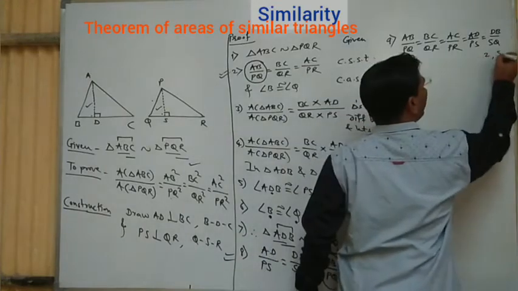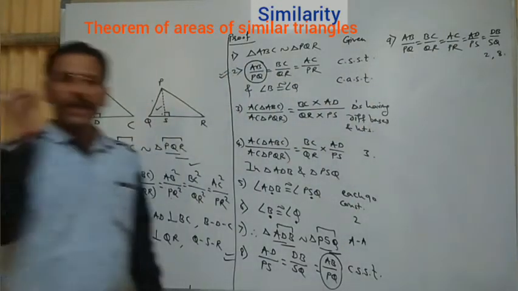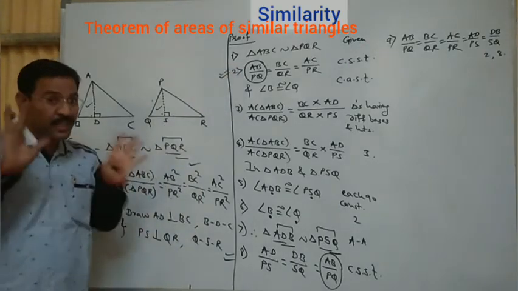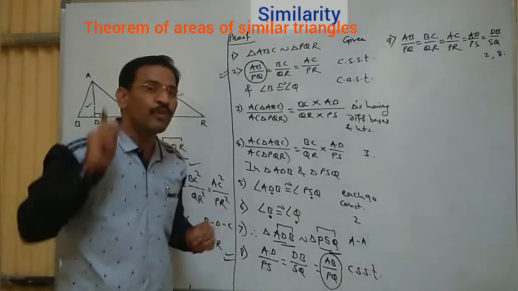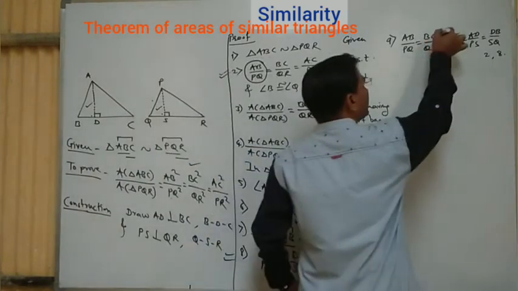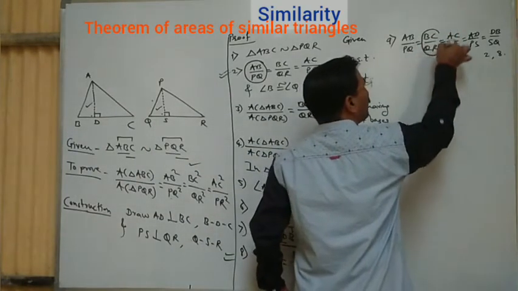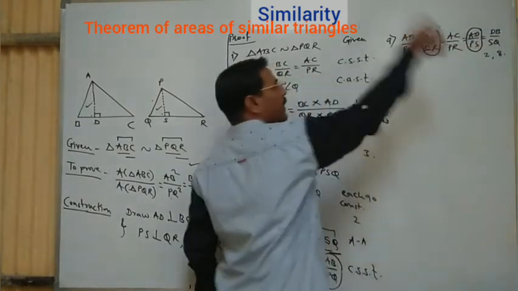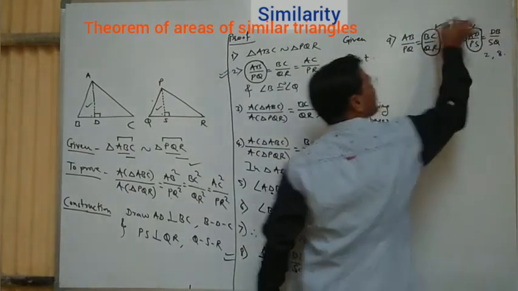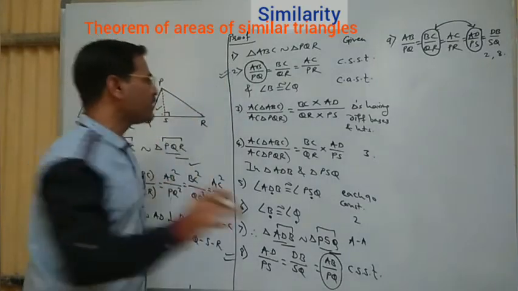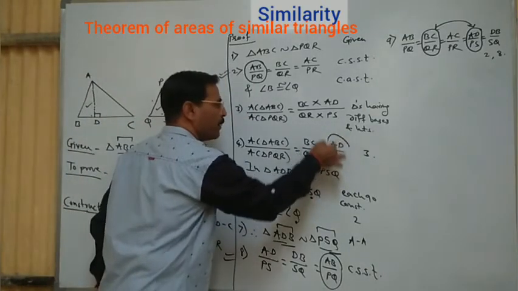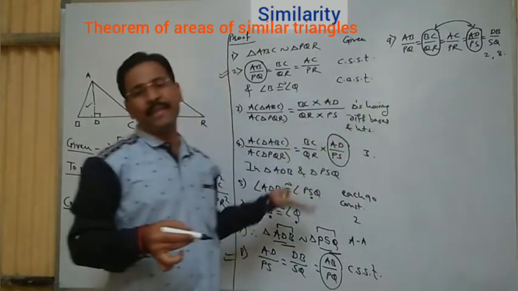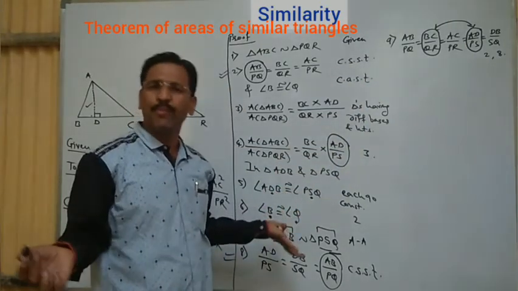Up to here you understand. See, in our discussion first, what did we tell you? This is BC upon QR and here it is AD upon PS. Both of these are now the same. Now the only part is the AD upon PS here. We want to replace this AD upon PS by that BC upon QR. That is the proof.